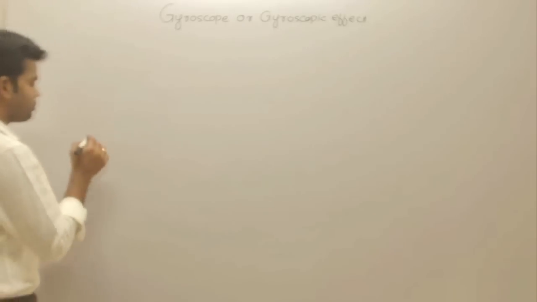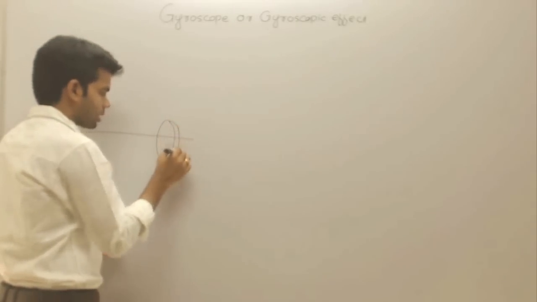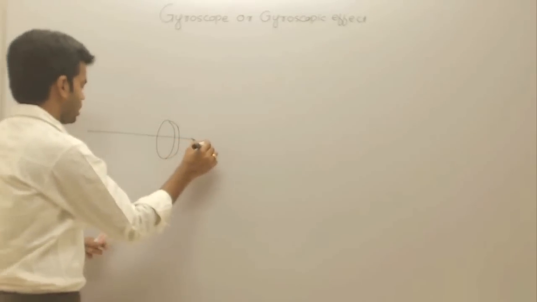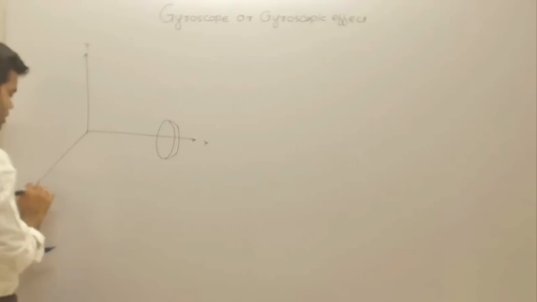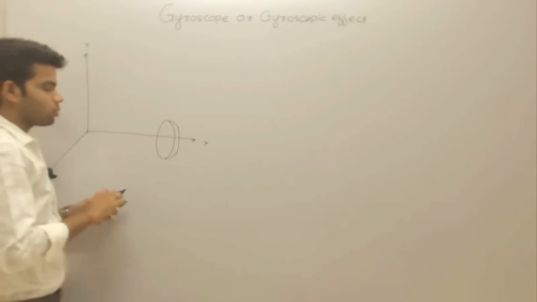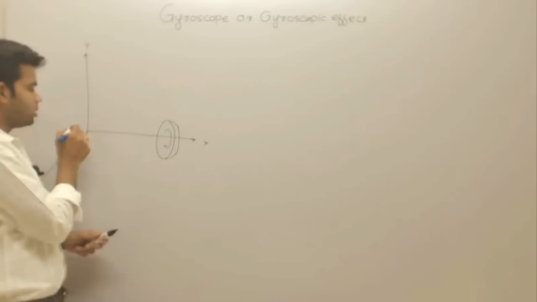So let's suppose we are having any rotor which is rotating about an axis. Let's suppose x-axis. This is the coordinate system we are having, x, y and z axis, and we are having this rotor. This rotor is rotating clockwise when seen from the origin.